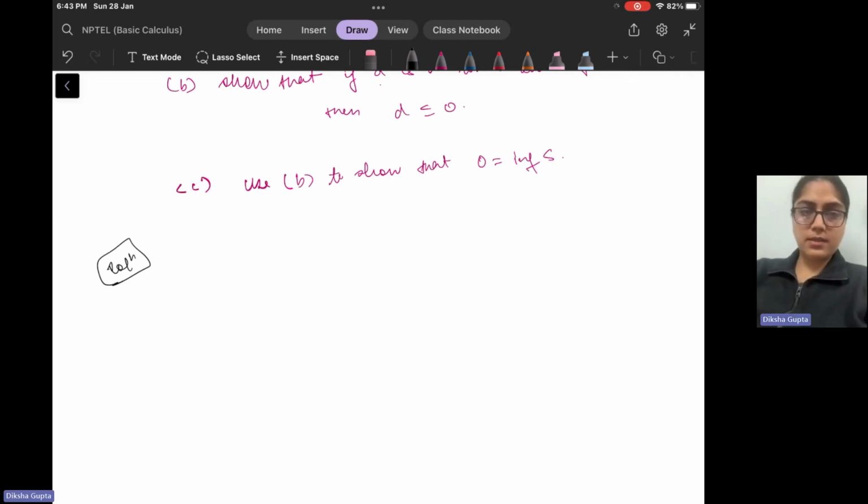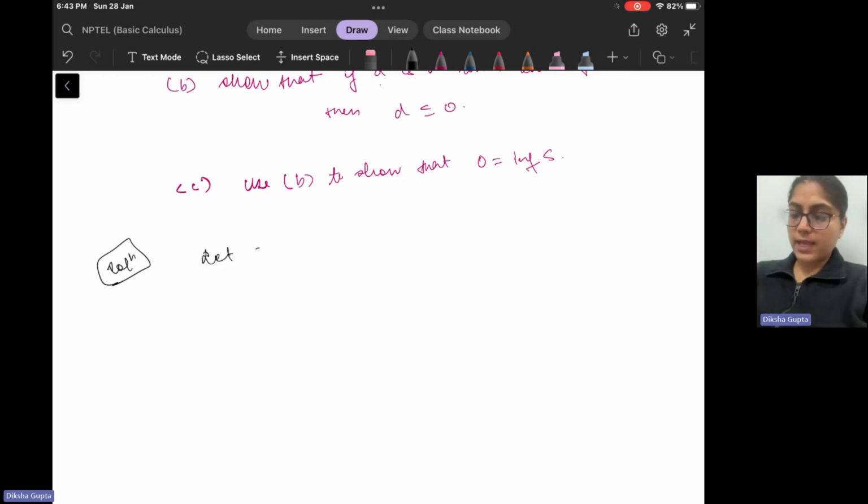So first, part a, you have to show that 1 is the maximum. For maximum, you will have to show that any element of the set is less than or equal to that number.